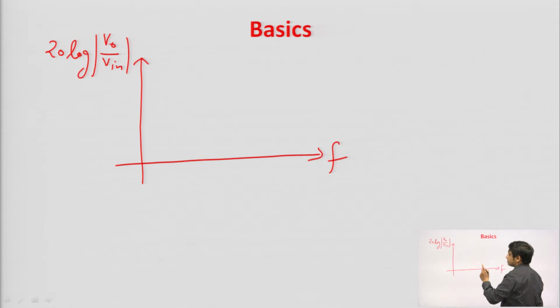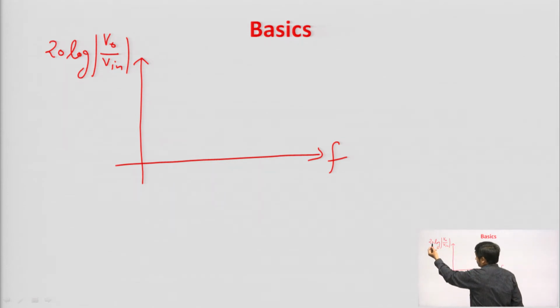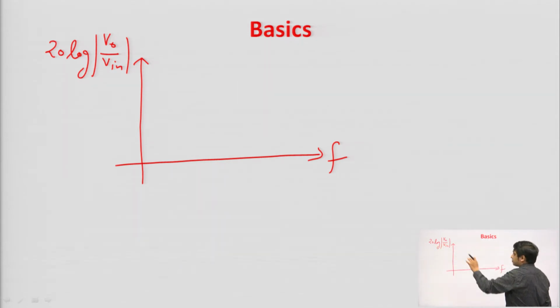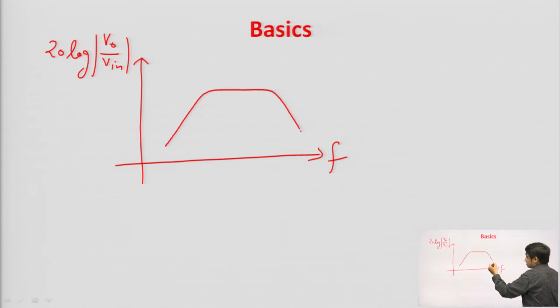V naught upon Vin is the voltage gain in ratio, and to convert that ratio into dB, we take log and multiply with 20. So, the frequency response is like this. We can see that at high frequency the gain is reduced.